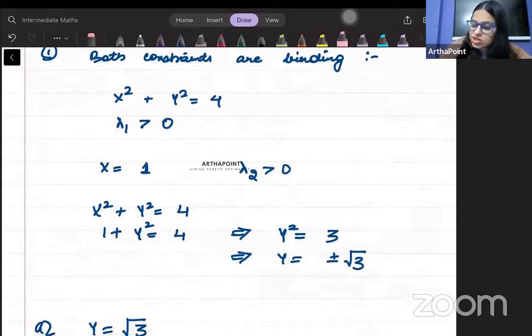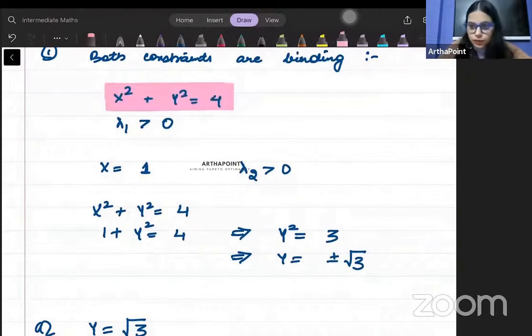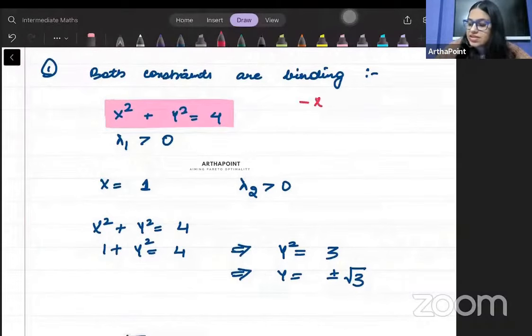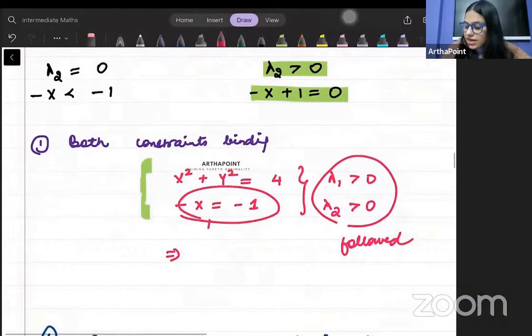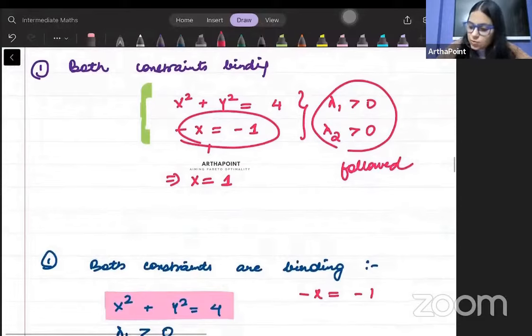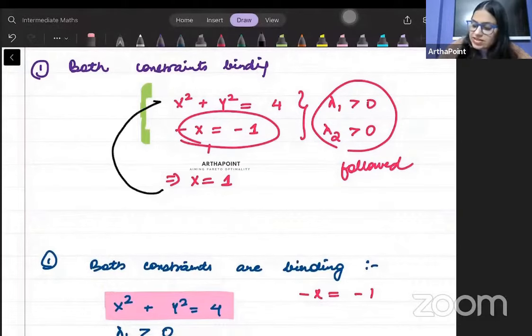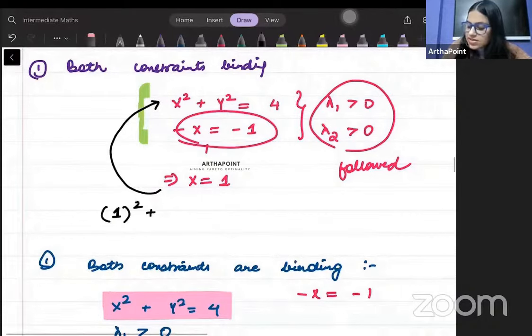तो मैंने इस constraint को binding रख के बोला कि x square plus y square is equal to 4. And दूसरा constraint मेरा binding था. So minus x is equal to minus 1 आया यहाँ से बच्चे. So this means that x की value आ गई 1. Beta, if x is 1, then I can put that x here. If I put that x here, I will get 1 square plus y square is equal to 4.